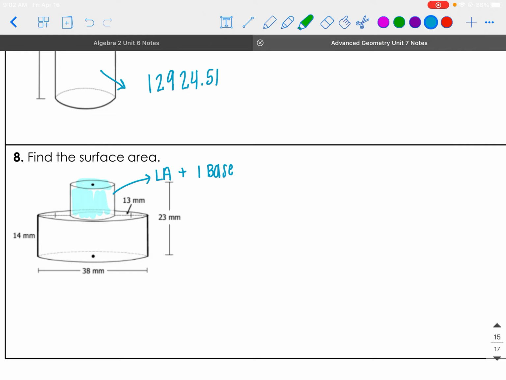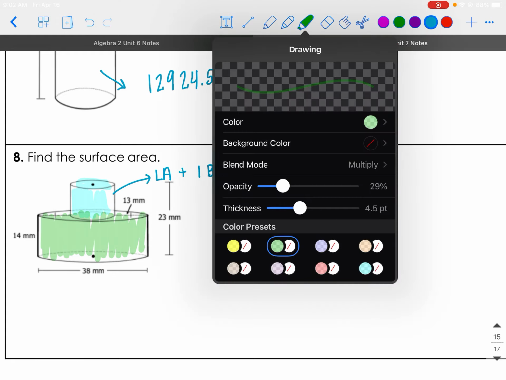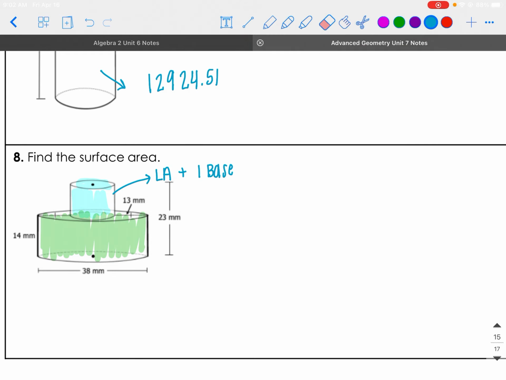Now the larger cylinder, we really need to do the entire surface area, but we are subtracting this part. So we're subtracting the base of the smaller cylinder. So we would do the whole surface area minus the base of the smaller cylinder.